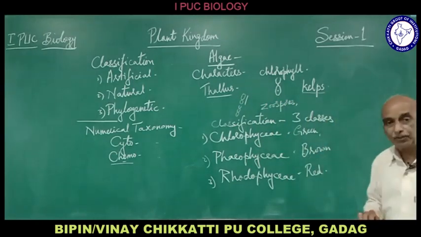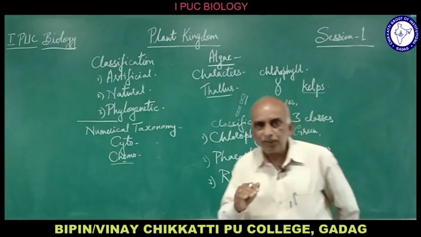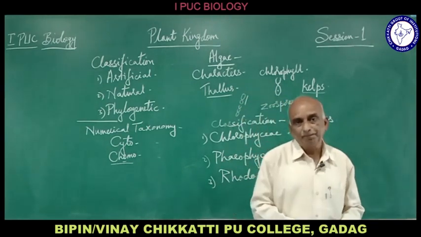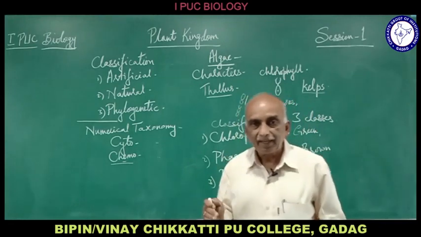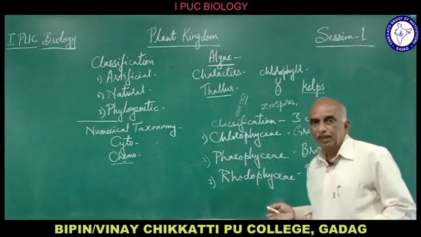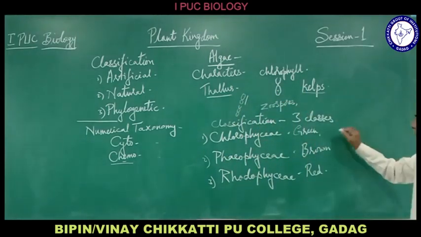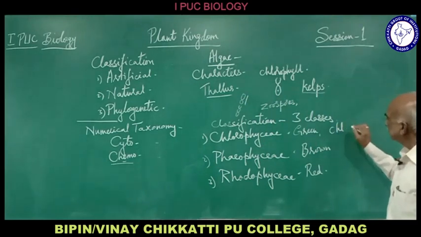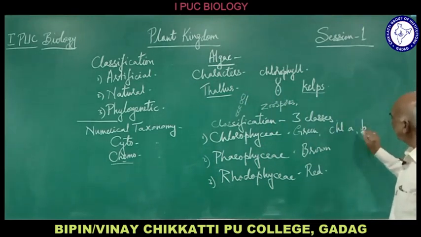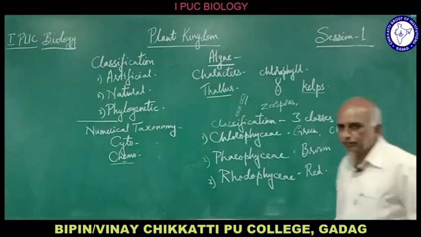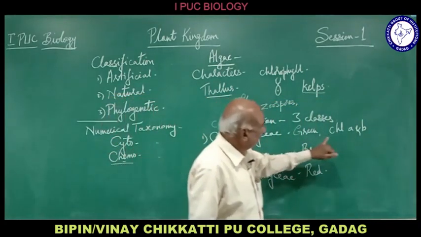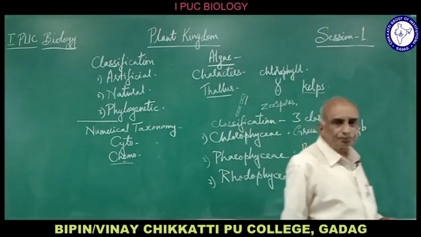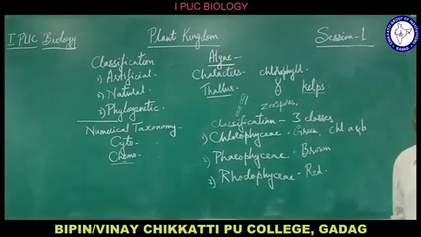Here when we come to the chlorophyll, actually there are different types of chlorophyll: chlorophyll A, chlorophyll B, chlorophyll C and chlorophyll D, and even chlorophyll E. Green algae contain A and B type of chlorophyll.